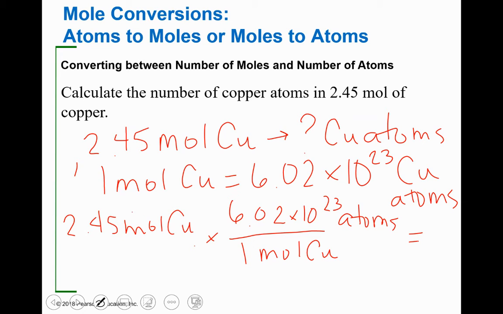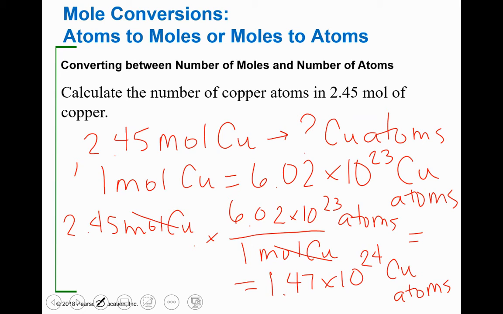So when I do the math, my moles cancel, and I'm going to take 2.45 times 6.02 to the 23rd, and that's going to give me an answer of 1.47 times 10 to the 24th copper atoms.